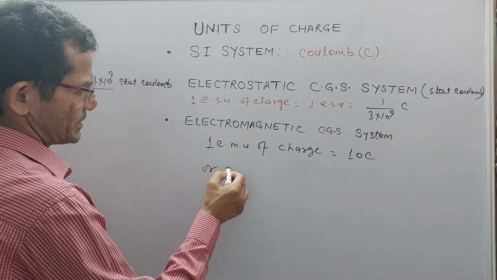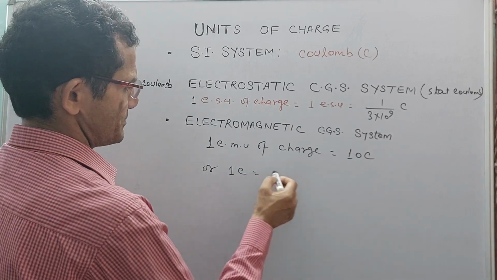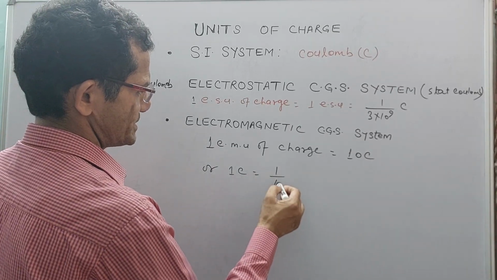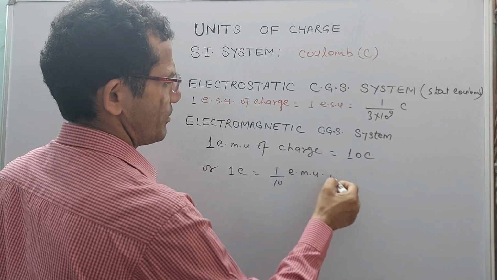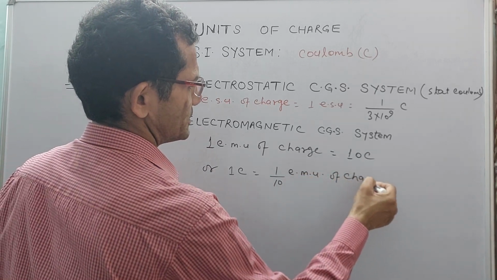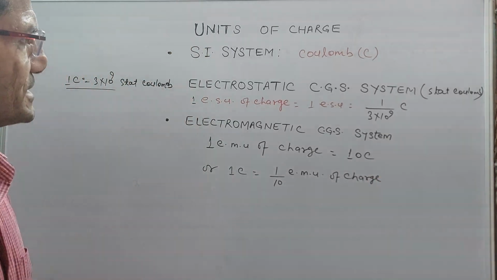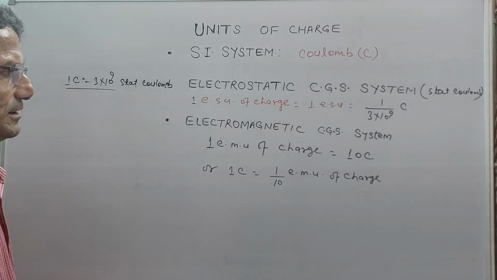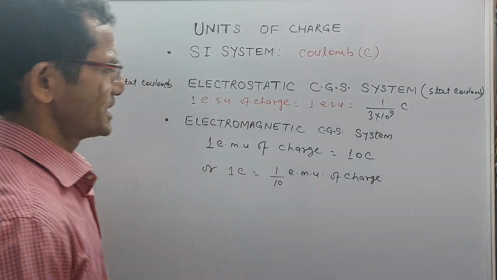Or we can say that 1 coulomb is equal to 1 divided by 10 EMU of charge. Generally we prefer the SI system of units, and somewhere in some problems the charge is also given in ESU, in stat coulombs.